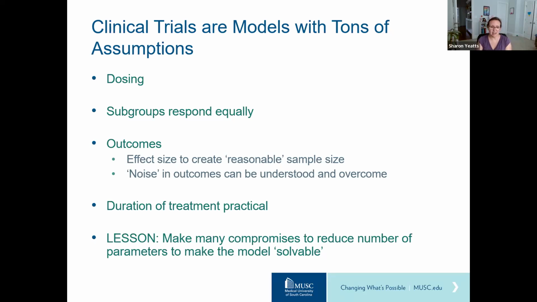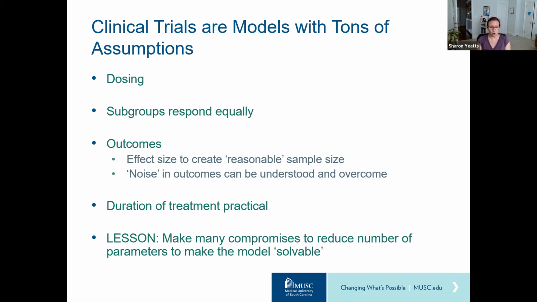We make assumptions that the dose we think we should use based on animal studies or phase 1 studies is actually the dose that should be moved forward to future studies. We think we know the timing of the dosing from animal studies and that we're assuming that that's applicable to the human population. We assume things about response and the heterogeneity of the response, right?